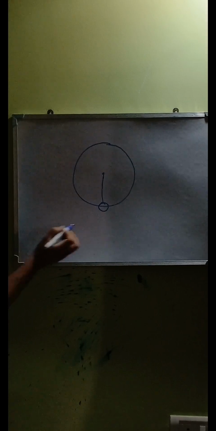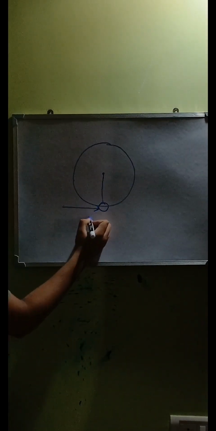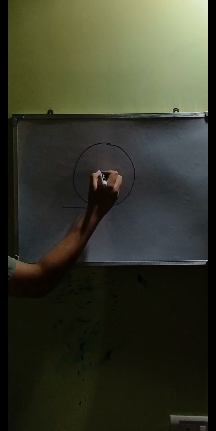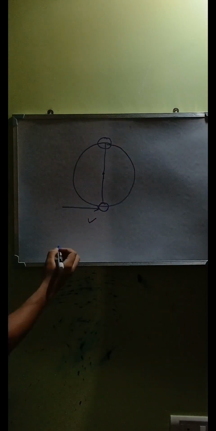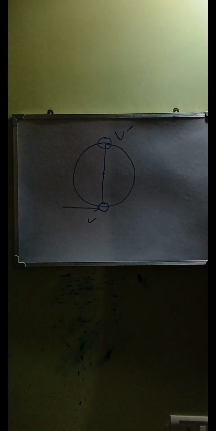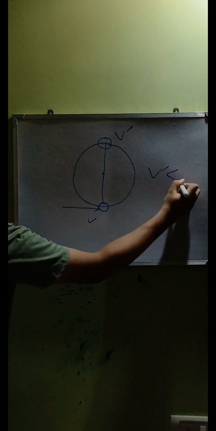So here's the point: if I give it the minimum velocity at this point, then after reaching the topmost point, it will have the minimum velocity only. I mean, the velocity will decrease, but the velocity corresponding to the minimum velocity will also be minimum.